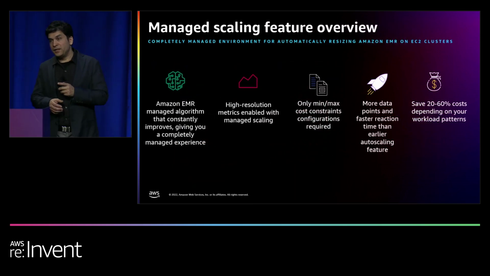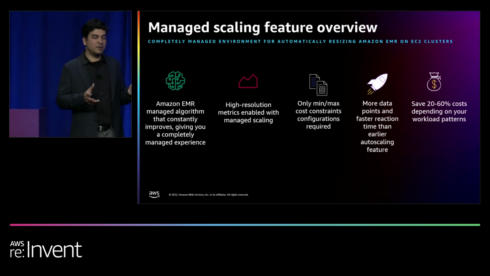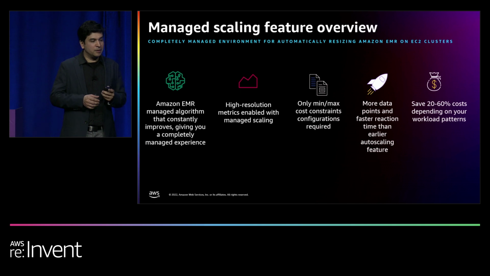And last but not the least is elasticity, right? It's a very important cost optimization lever, where managed scaling is available in EMR. This is a managed algorithm that constantly improves and gives you a managed experience of elasticity.